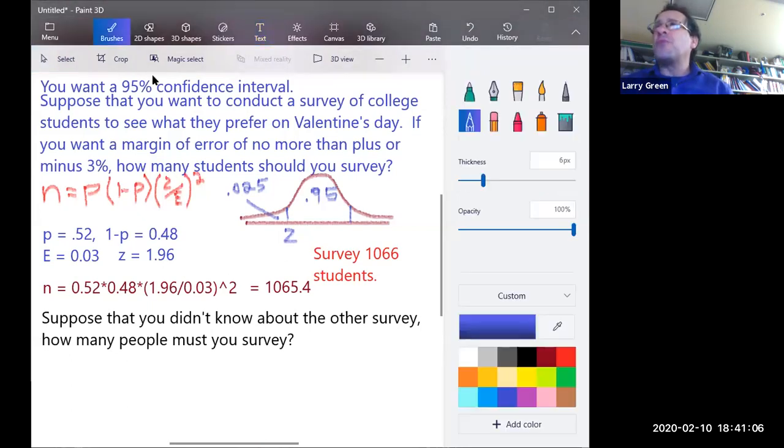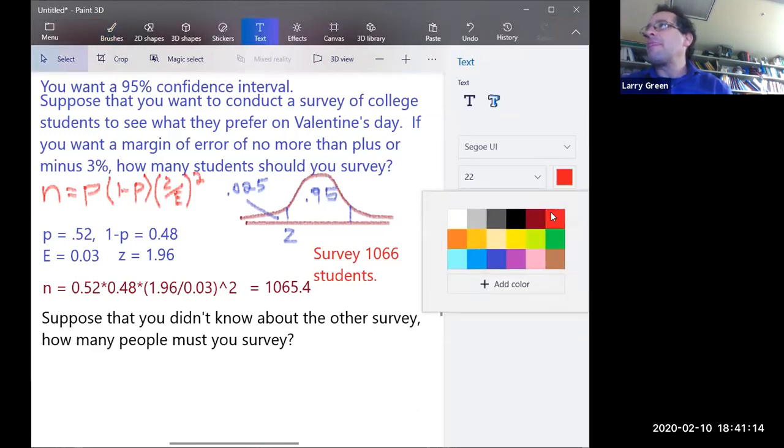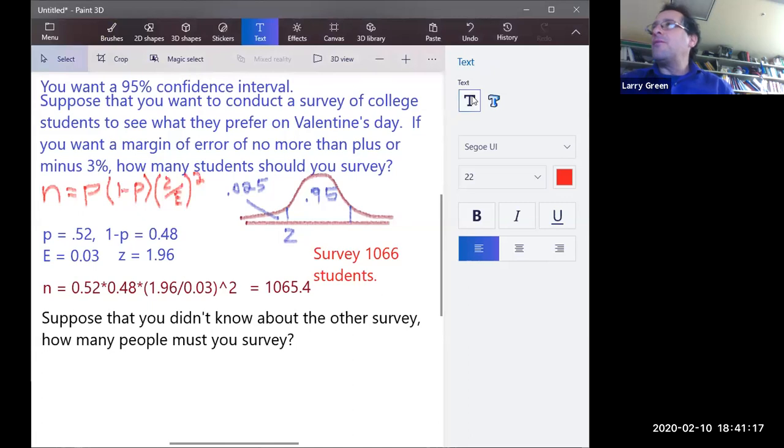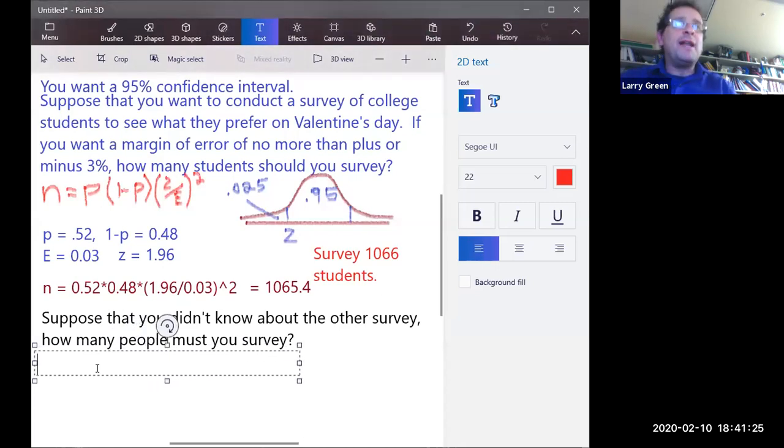Okay, so for this one, it's actually a different formula, but only slightly different. When we don't have any estimate for the population proportion, which comes up a lot, we're going to use 0.5 for p. The reason, and you don't have to know the proof of this, is that this is actually a parabola in p, and p equals a half is the vertex of the parabola, the highest point.